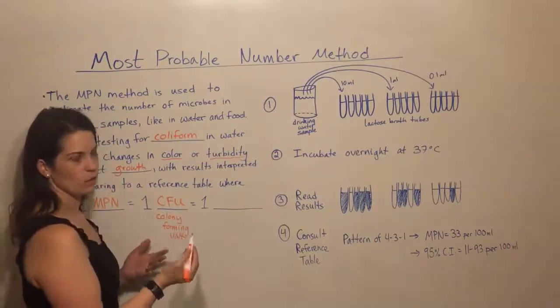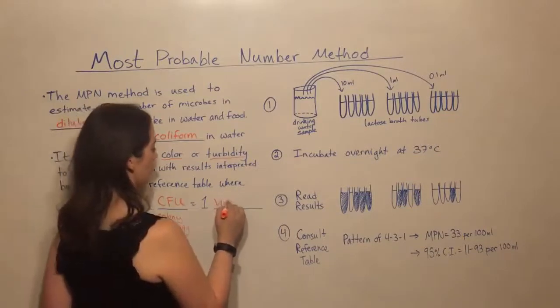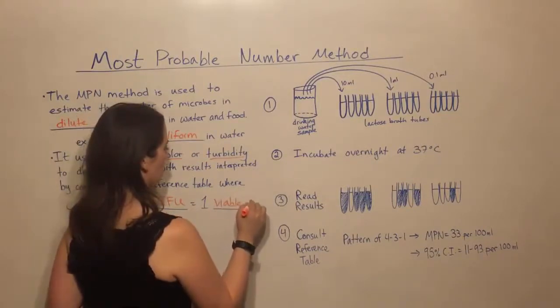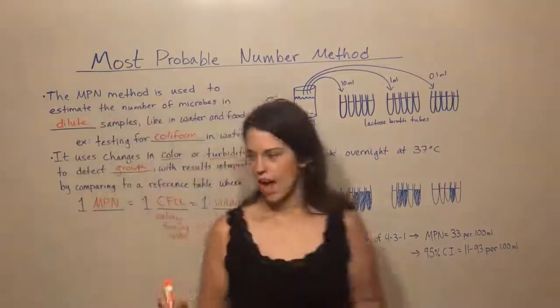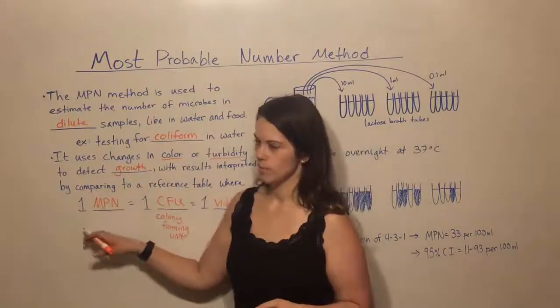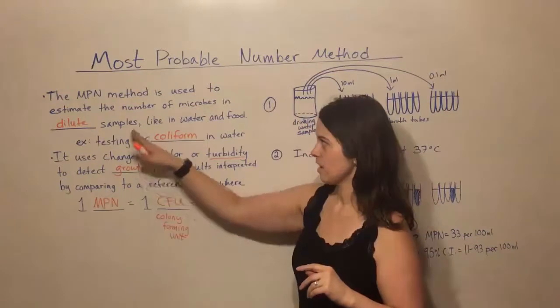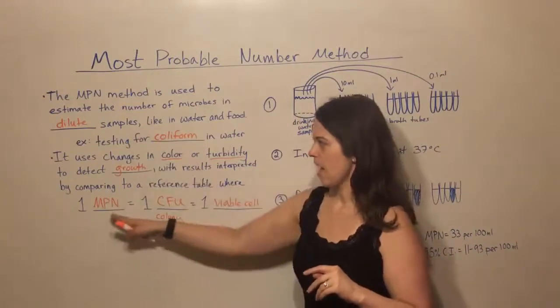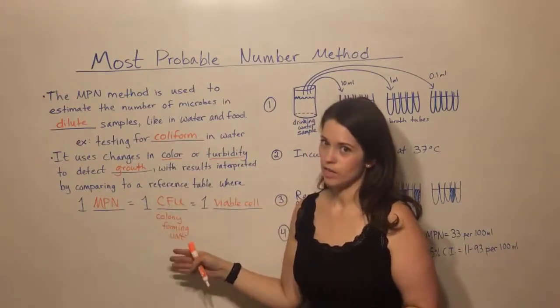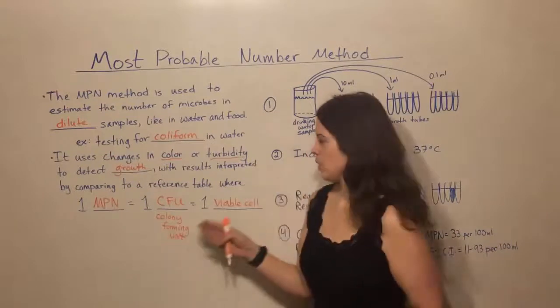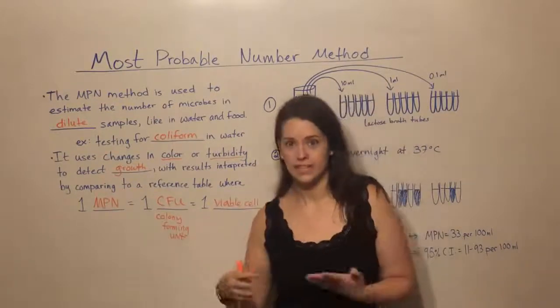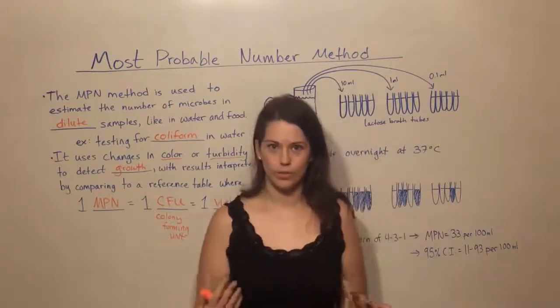And basically that just means one viable cell. So just to recap, this method gives you a most probable number for how many bacteria are in a certain sample, and that equates to one colony forming unit, which is the same thing as saying one viable cell. So one living cell, one cell that's capable of reproducing.